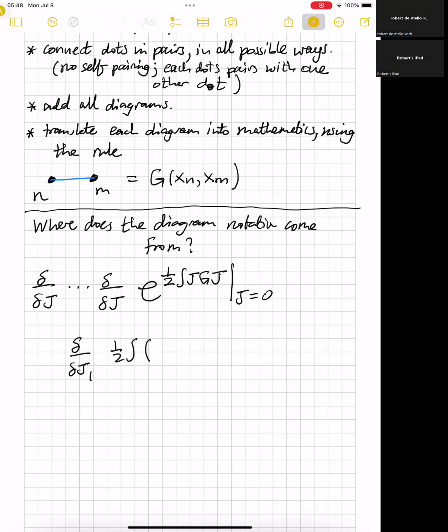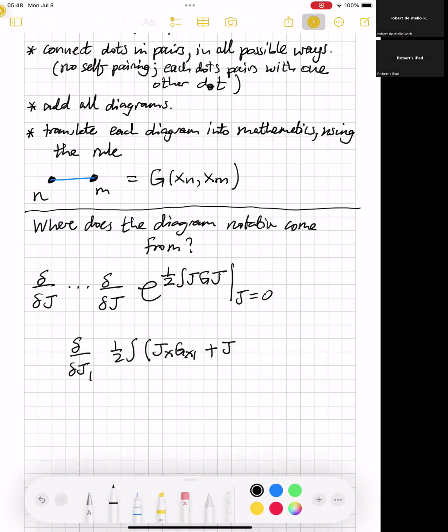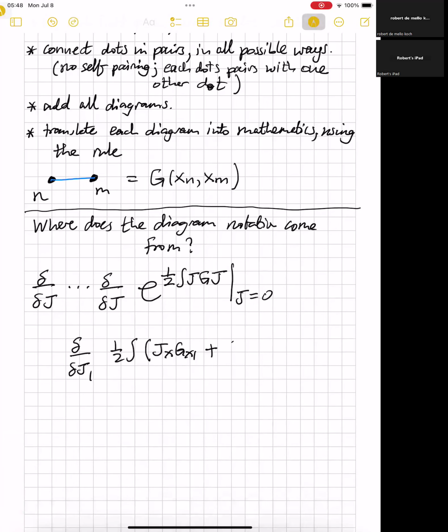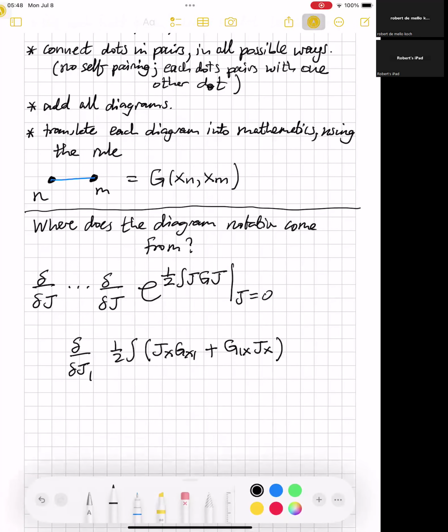And then we've got plus G(1, x) j(x). So can you see that taking a single derivative of the exponent, sorry, let me write this a little better.